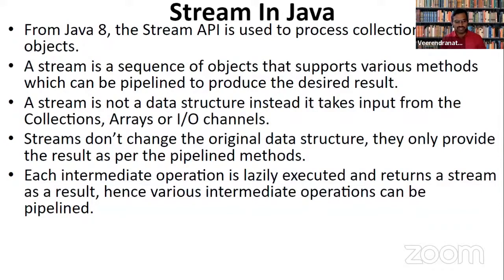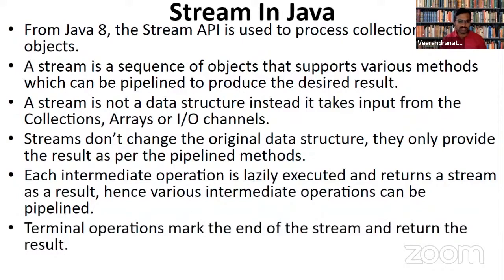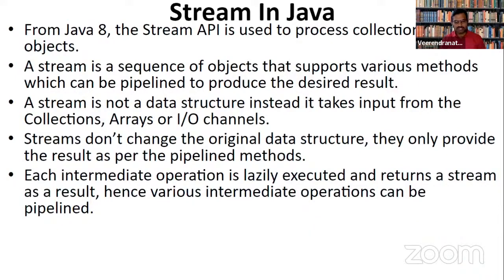Okay, so then in the next we will be understanding the terminal operation. Terminal operation will be helpful for generating the results exactly. So these terminal operations are used for generating the list, generating the result, and the intermediate operations are doing some operations on the collection.